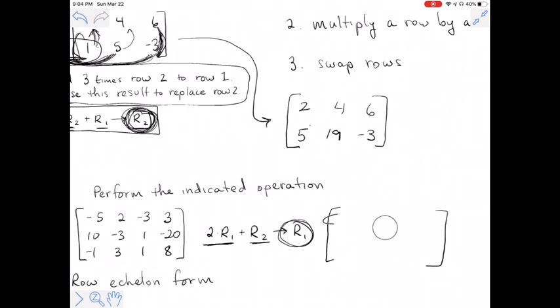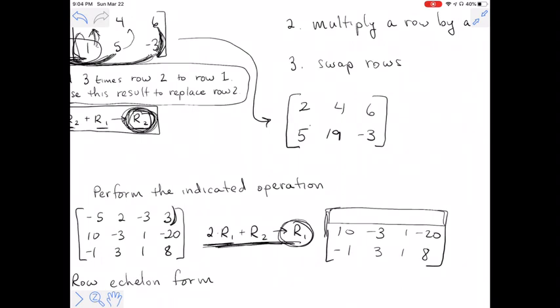So the entries in row 1 are going to look different. The entries in row 2 and 3 are going to stay the same as they originally are. I'm just going to have new entries in row 1, and they're going to come from this row operation right here.